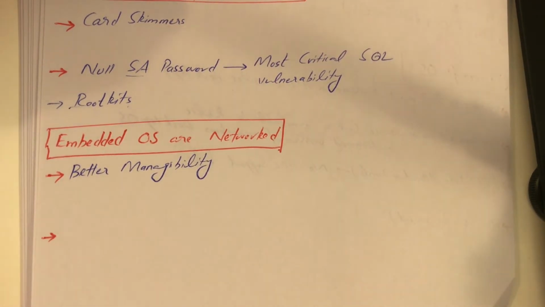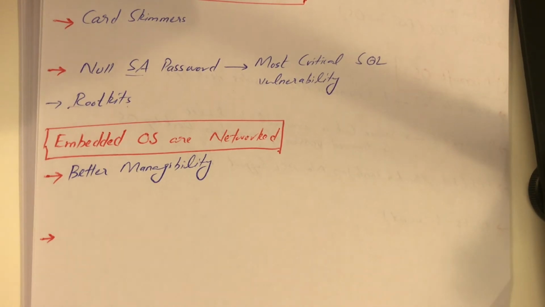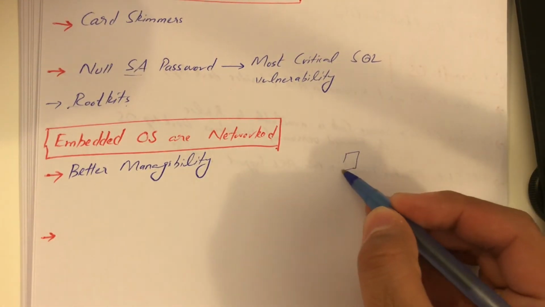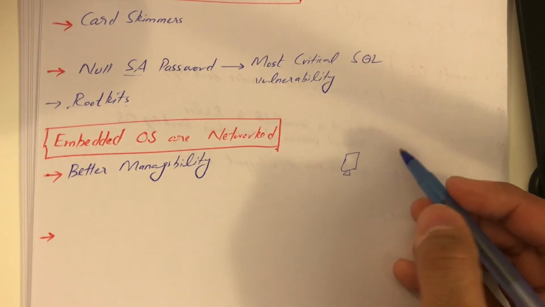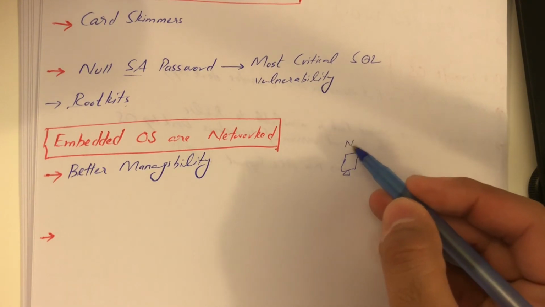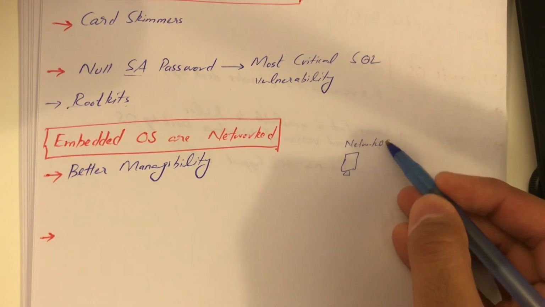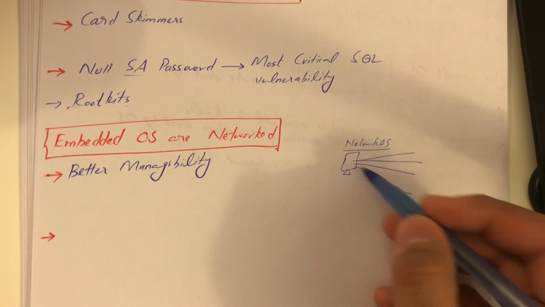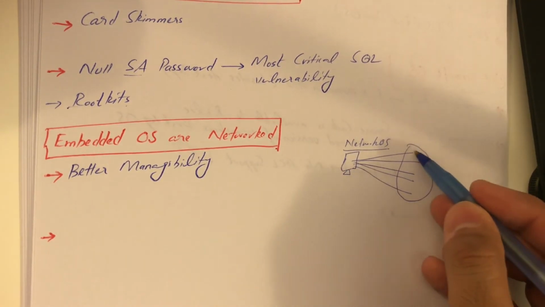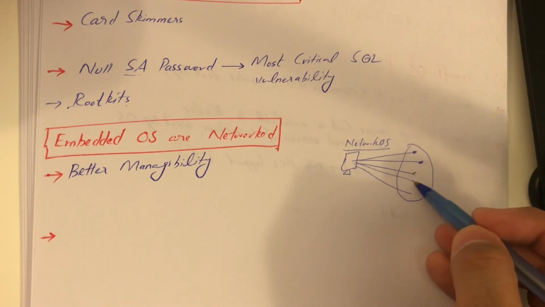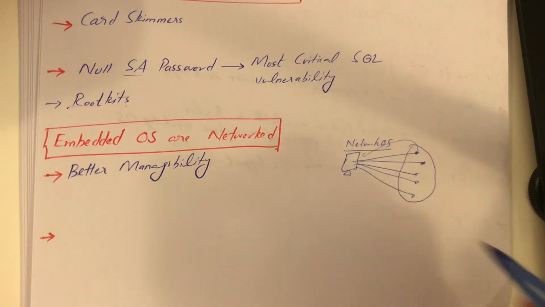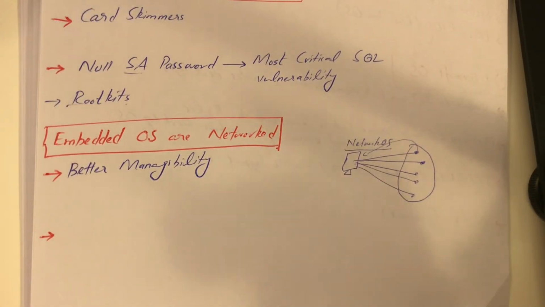For example, this is a server running an embedded network operating system to control sensors. Sensors are deployed in this particular field, one here, one here, one here, and one here. All these sensors respond to our network or the server, maybe from far apart.